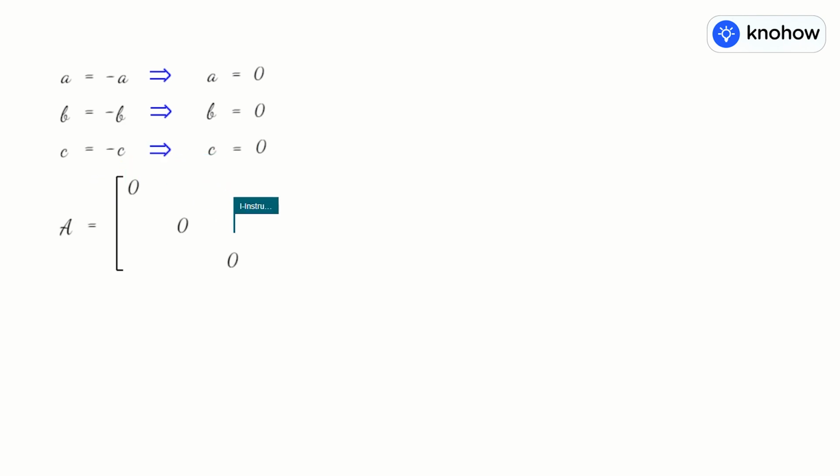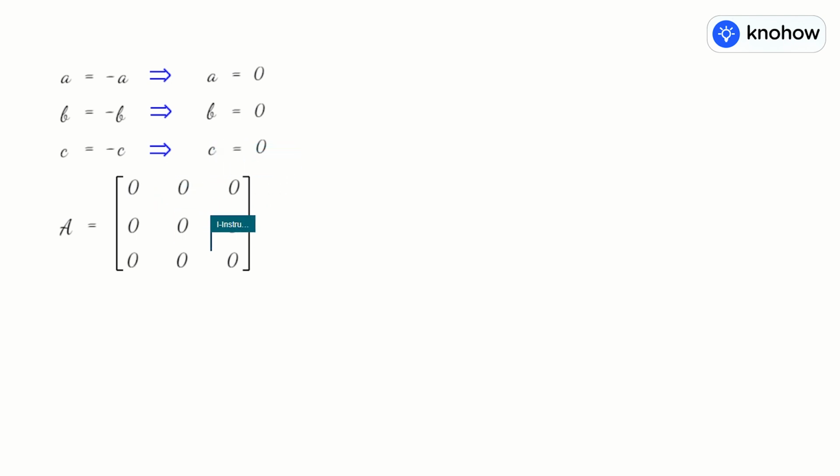How can a real number be equal to its negative? Can 5 be equal to negative 5? No. The only possibility is that a has to be 0. So a is 0, b is 0, c is 0, and the rest of the elements will also be 0.